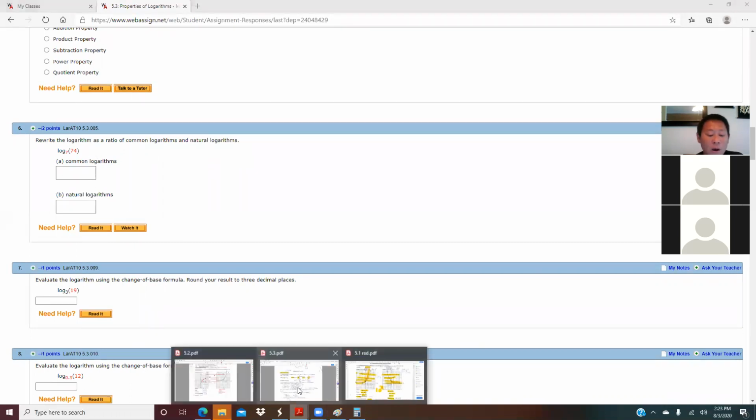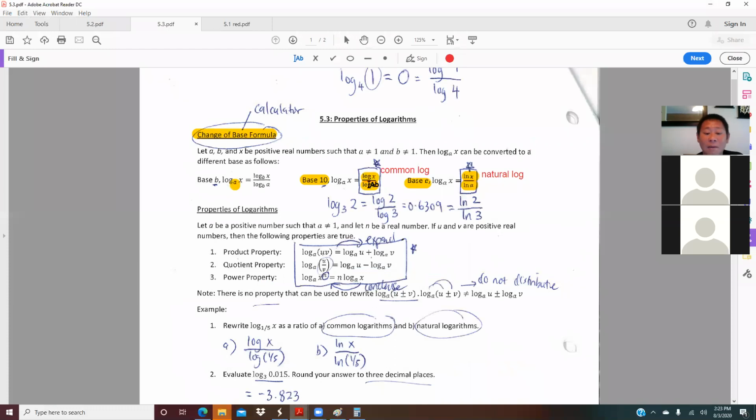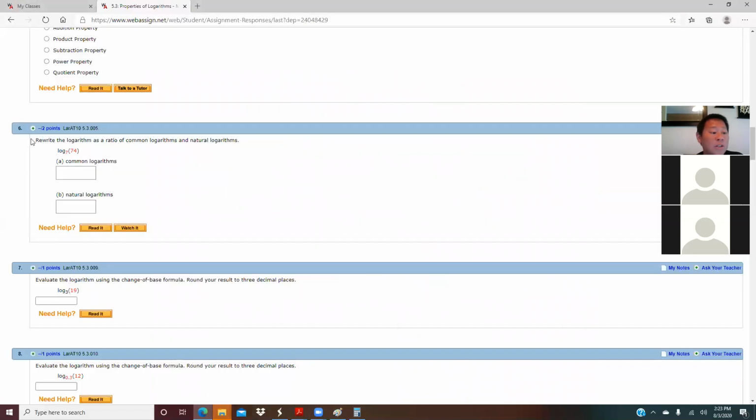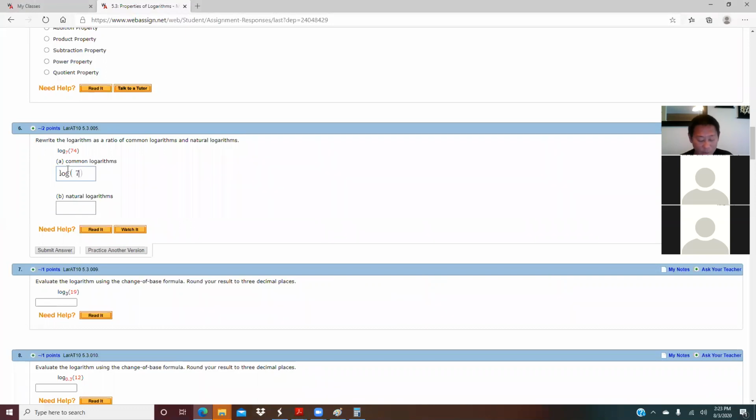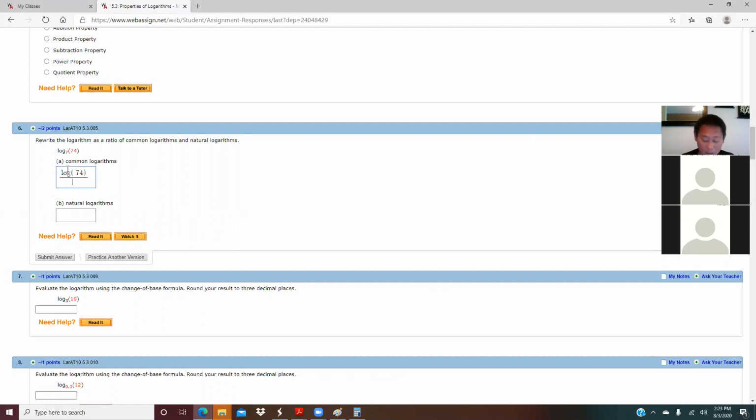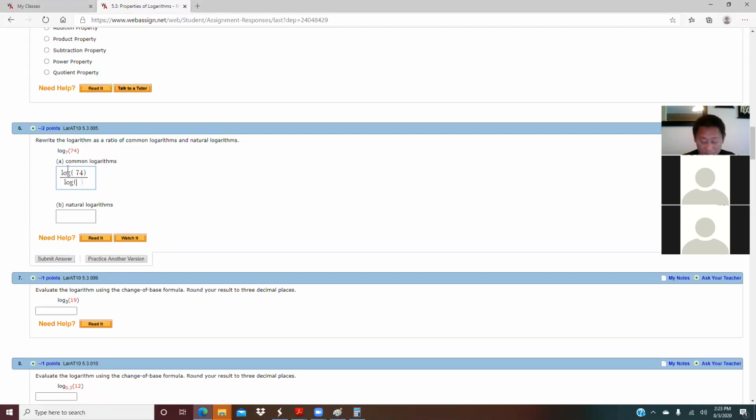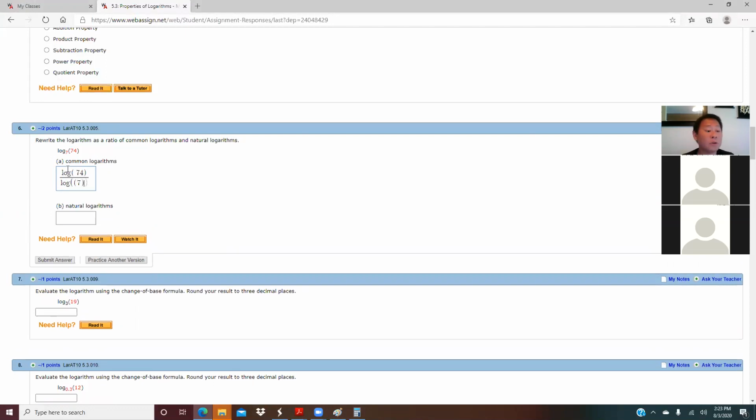If you remember, common log is base 10, so the argument goes on top, the base goes to the bottom. So for question 6, this is going to be log 74 over log 7.